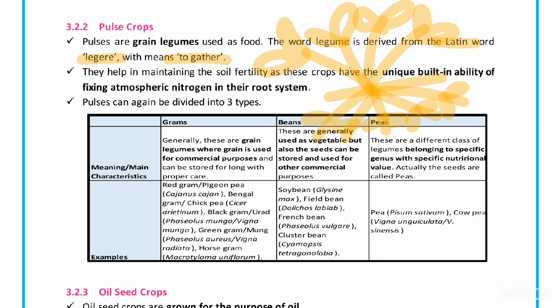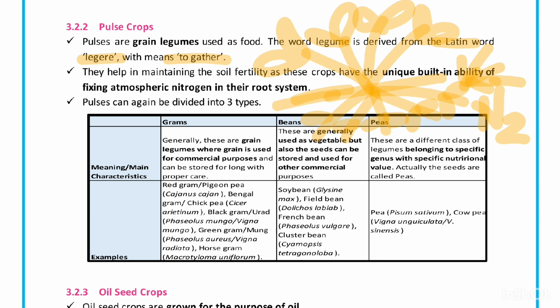What this bacteria does is it has the capacity to fix atmospheric nitrogen through the root nodules. Rhizobium is bringing atmospheric nitrogen from the atmosphere and fixing it in the root nodules.